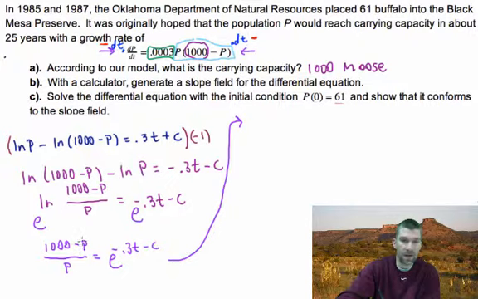What I can do now, again, this is more algebra. If I have 1,000 minus p over p, I can separate that into 1,000 over p minus p over p, which is 1. So I'm going to add 1 to both sides.